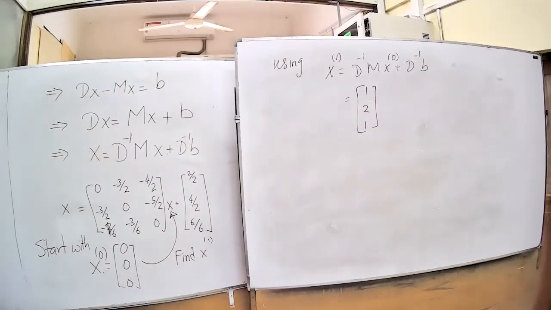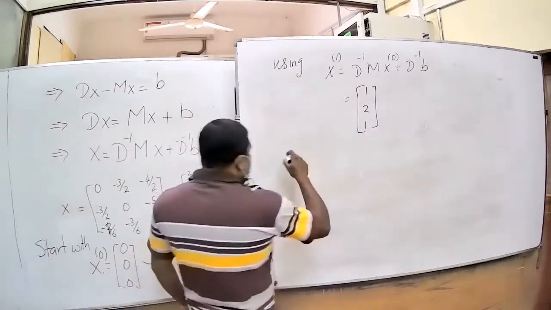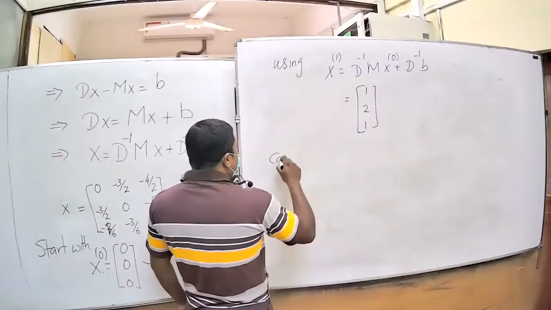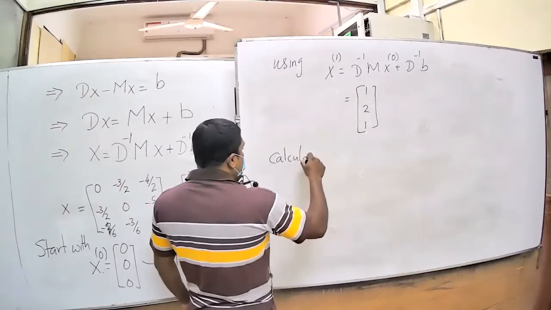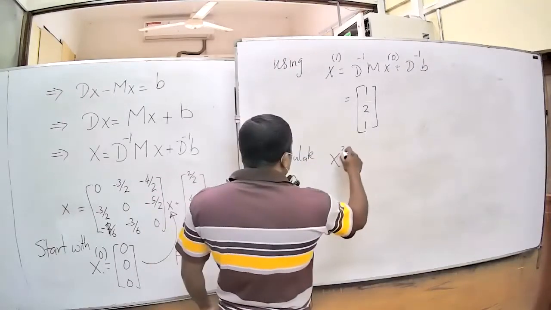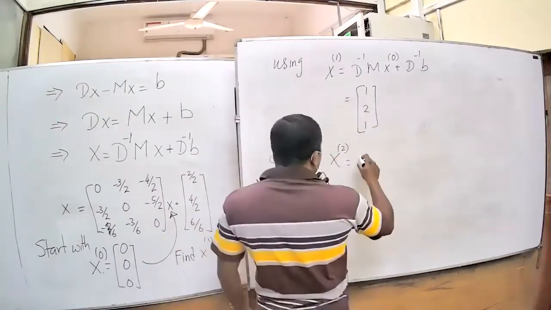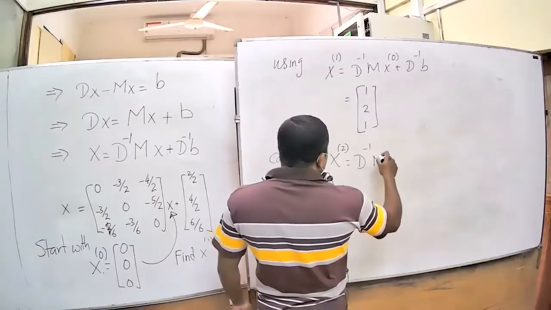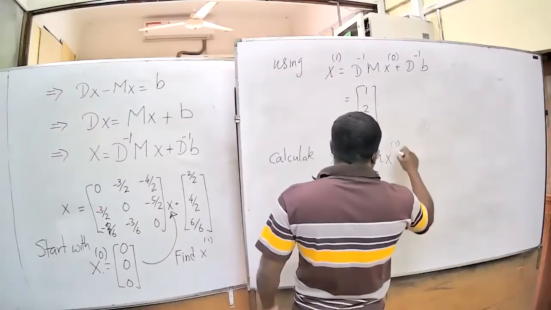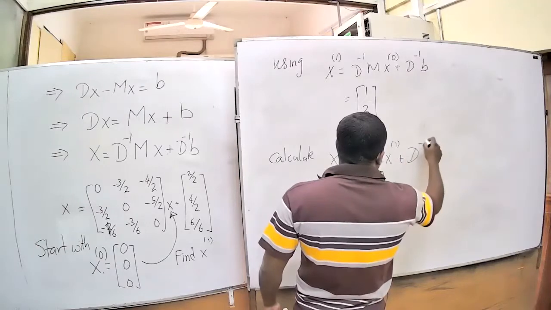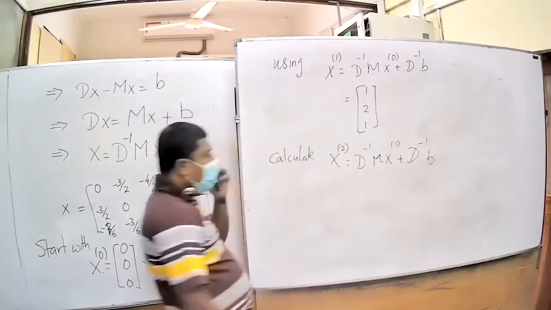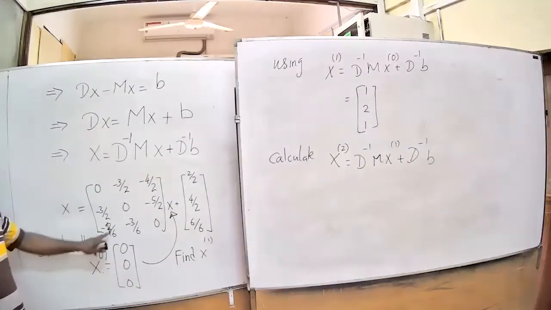So then what you do, right? Calculate X2, same formula. So D inverse M times X1 plus D inverse B, right? Same formula.